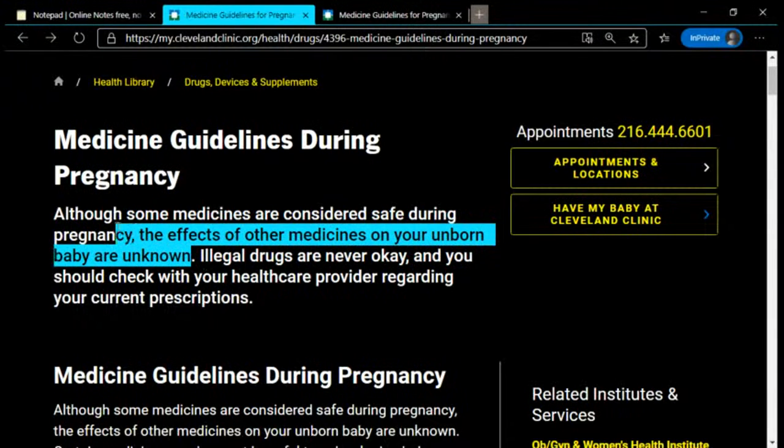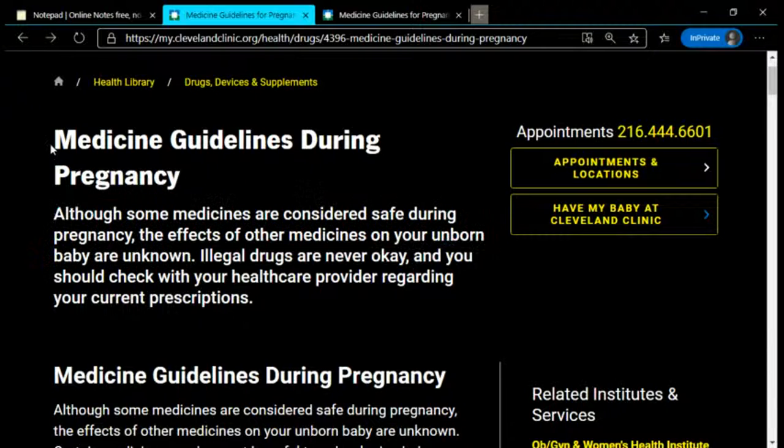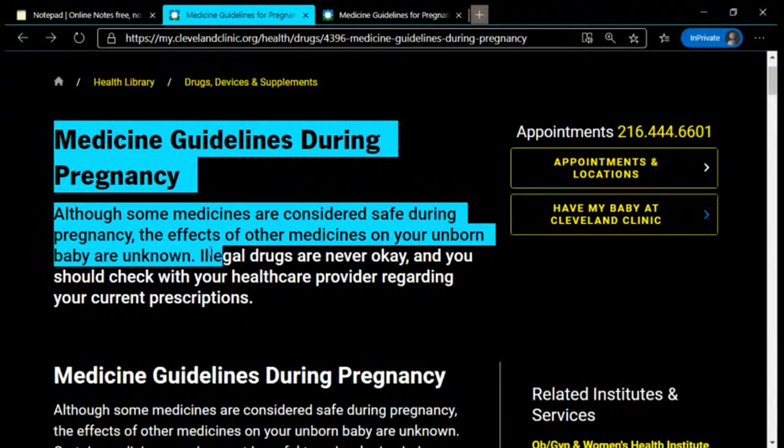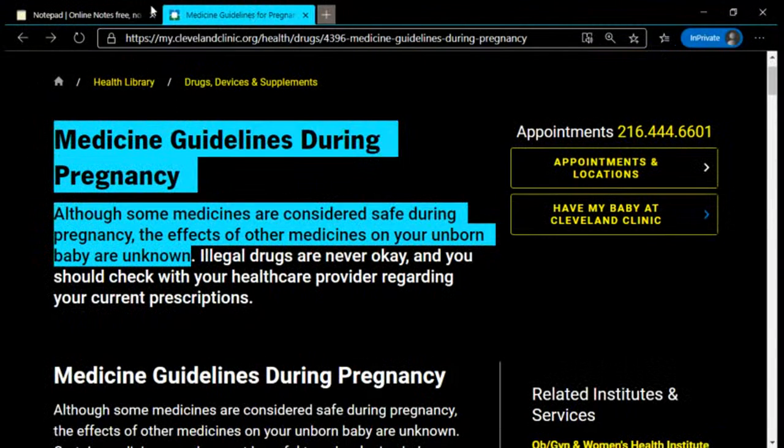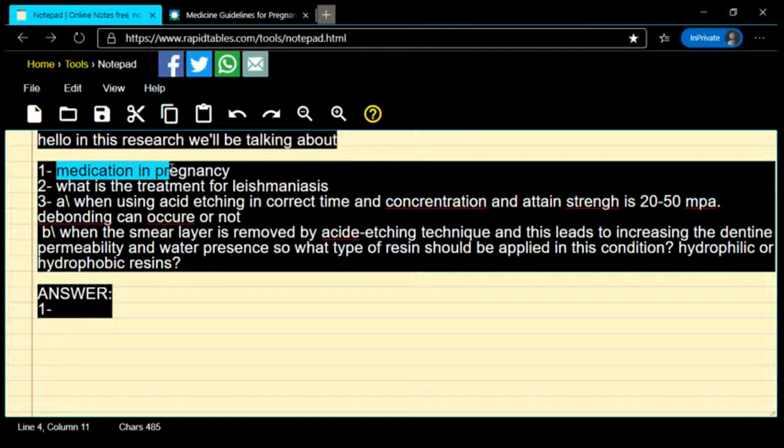This is a very important paragraph here. We can add it to the research. That is medication in pregnancy.